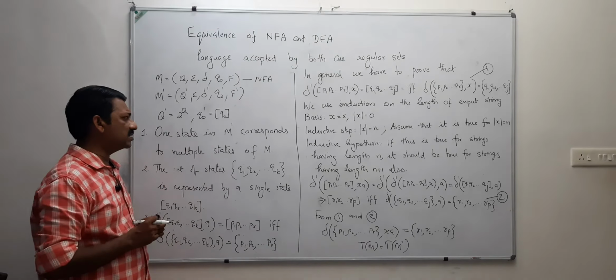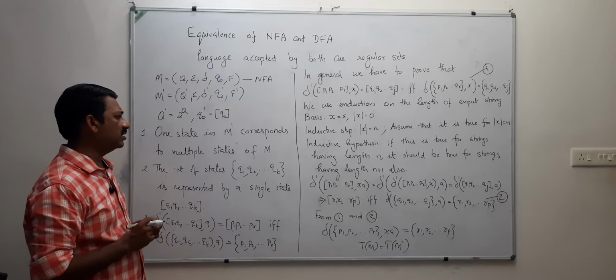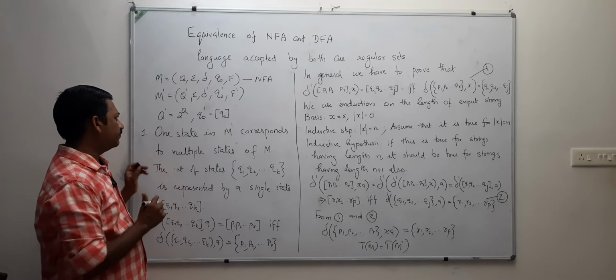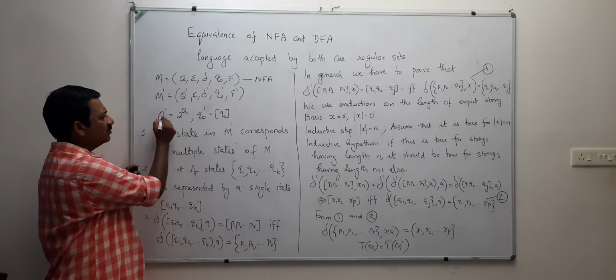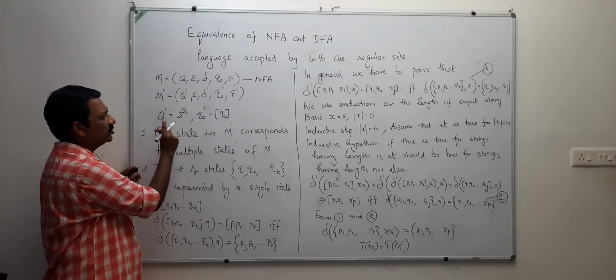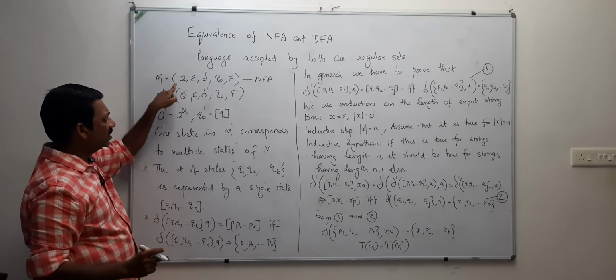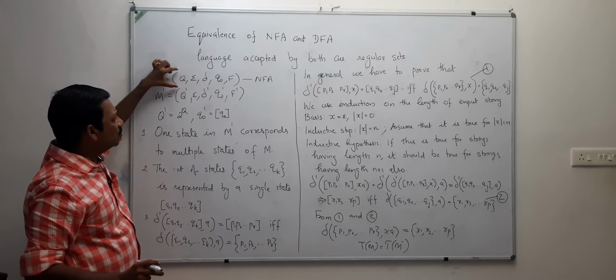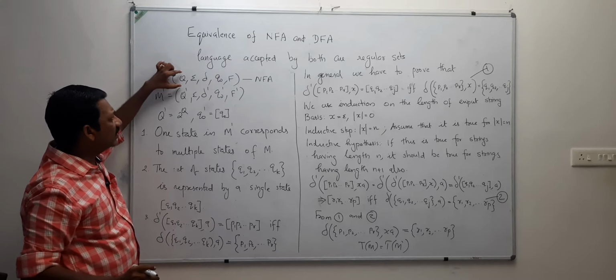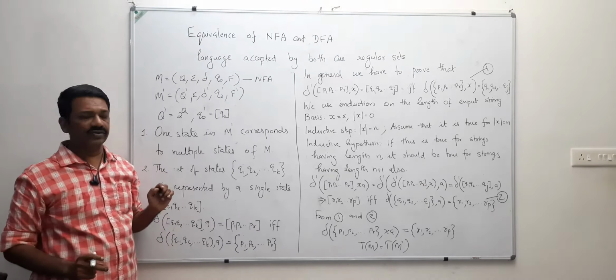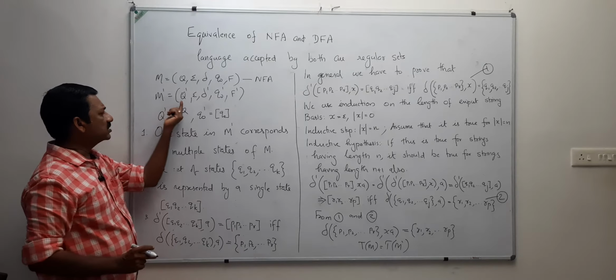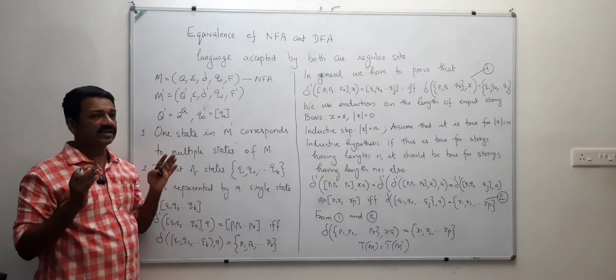Now, in the previous class I demonstrated the relation between Q dash and 2 raised to Q. Suppose the NFA has 3 states, Q0, Q1 and Q2. Then how many states does Q dash have?